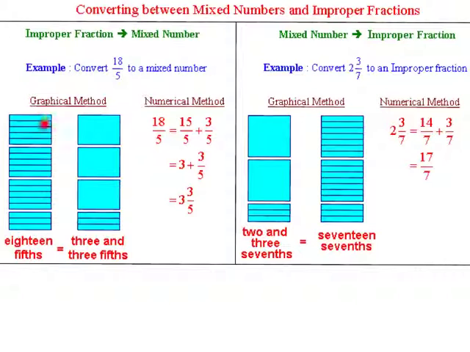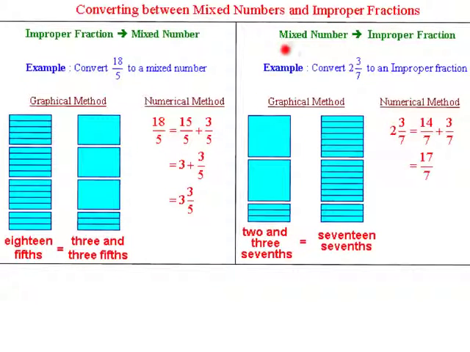Or again, here I've got 18/5, and if I group them into wholes, I would have one whole group here, 2, 3, and then 3 of those fifths left over that couldn't be grouped into 5/5, which is a whole.